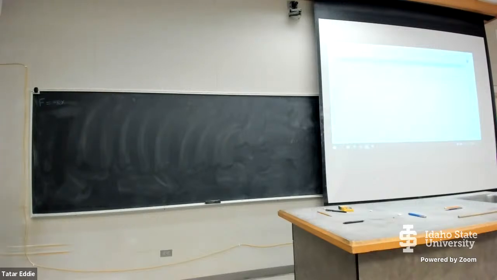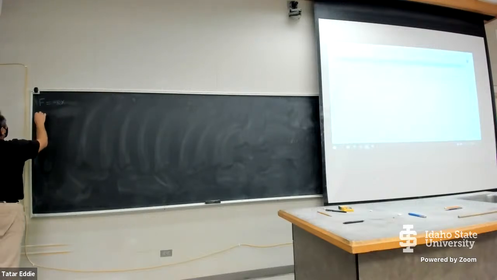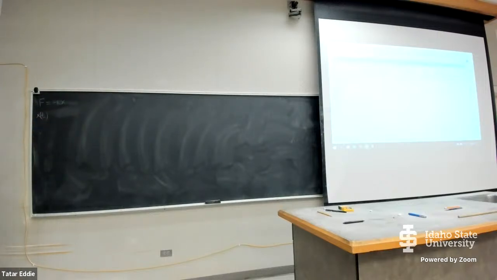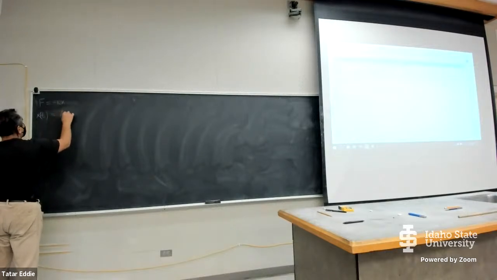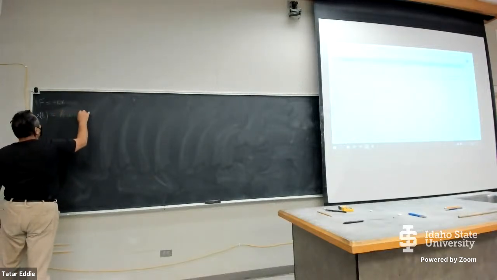After that, using this analogy, this correspondence between the motion of the projection of a rotating object and the oscillating object, we found that the position as a function of time changes as a cosine function, a cosine of omega t.